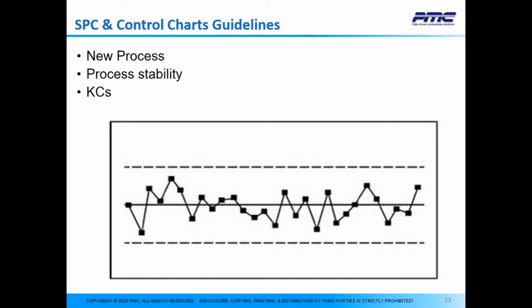Control charts must be used to determine if a process is stable before its capability can be assessed. So it doesn't make sense to calculate the Cp/Cpk knowing that the process is not stable yet. And the control charts for process KCs, or key characteristics, should continue to be used throughout ongoing production.